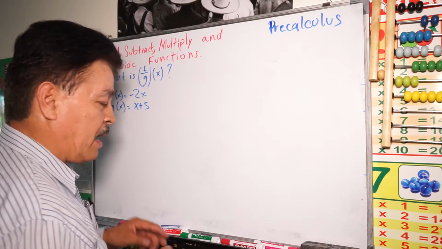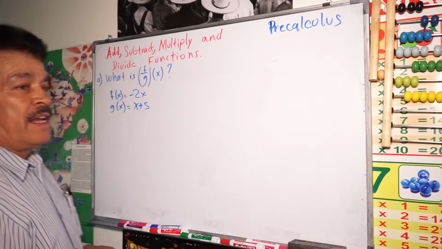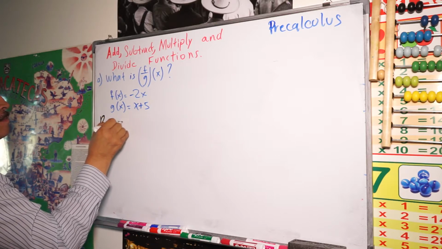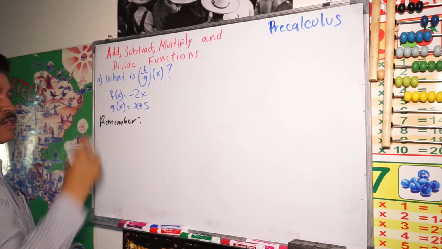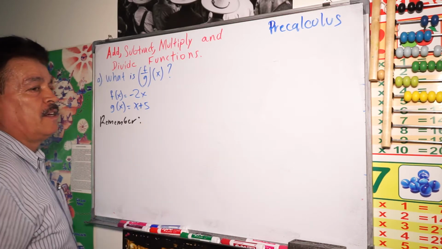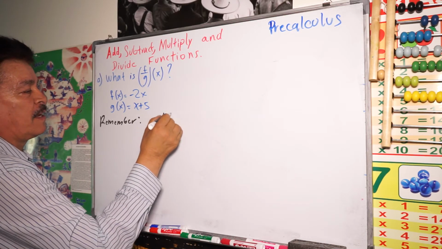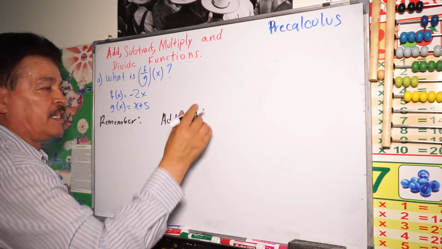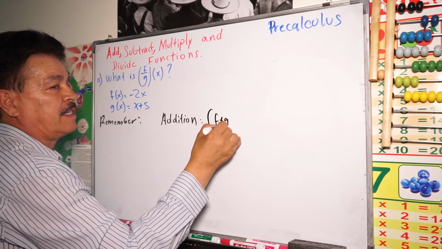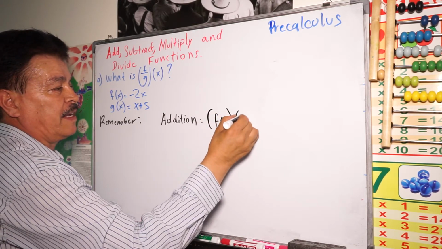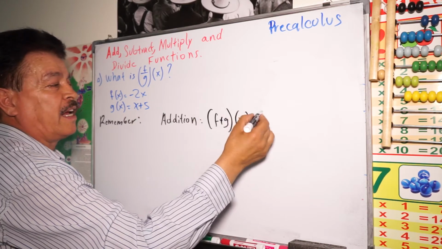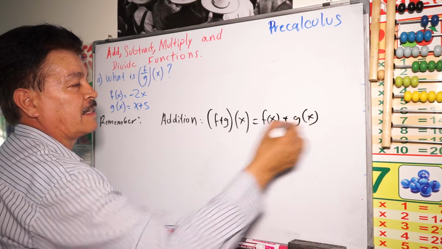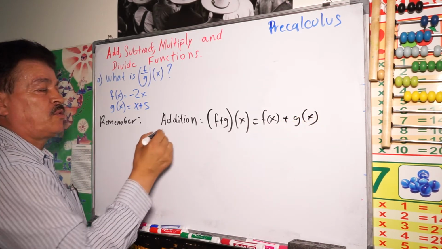Let's see some background before. We have to remember these four things. For example, addition: (f plus g)(x) is equal to f(x), of course, plus g(x).